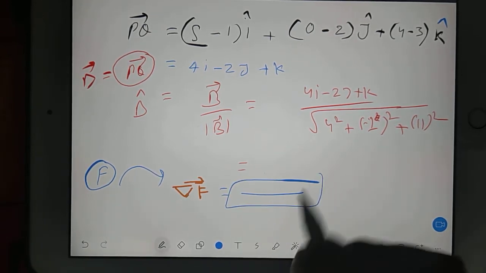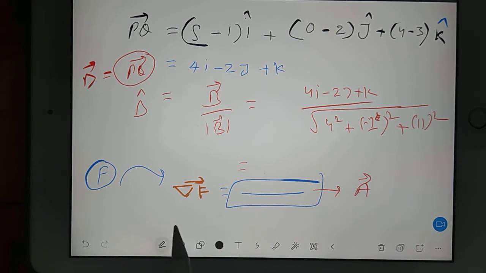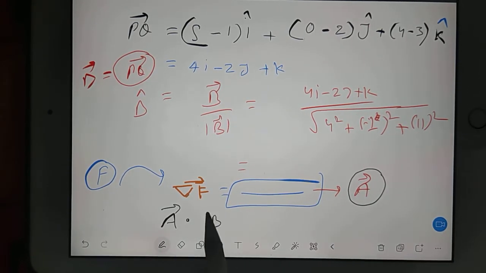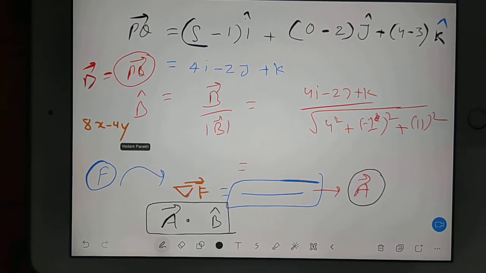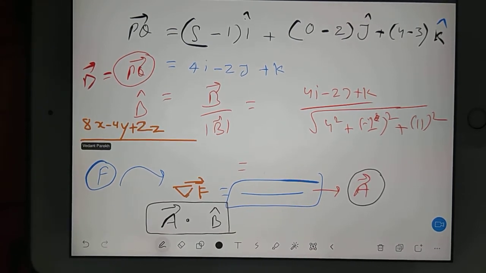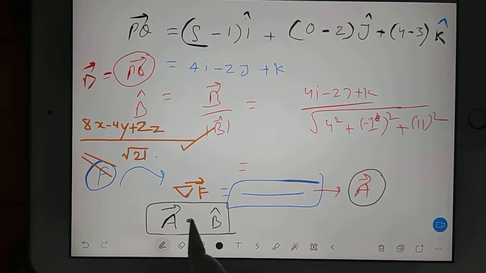Whatever answer comes, you will consider as A. Then in the last, after getting A, you take this A here, put a dot, and take this B cap here. This total answer will give you the directional derivative. And always remember, the directional derivative is the final answer, and it is in scalar format because we achieve this by doing a scalar product.